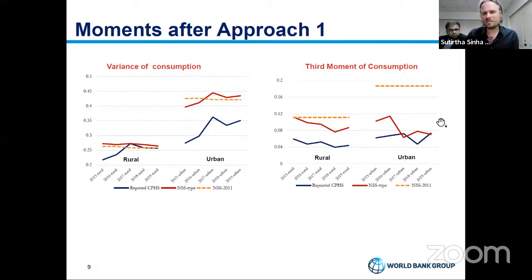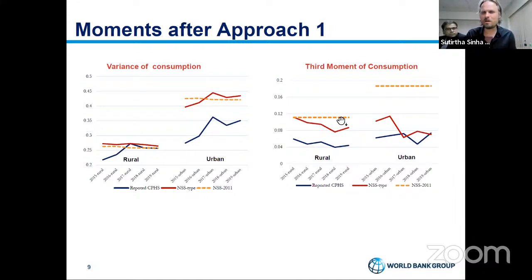The same is not entirely true for the third moment. It does help close the gap to an important degree, but it doesn't close it fully to the extent that we observe for the second moment. And that's especially true in urban India. I think in rural India, one could argue that the imputed NSS type consumption in the CPHS does a reasonably good job in closing it, especially for the earlier years.